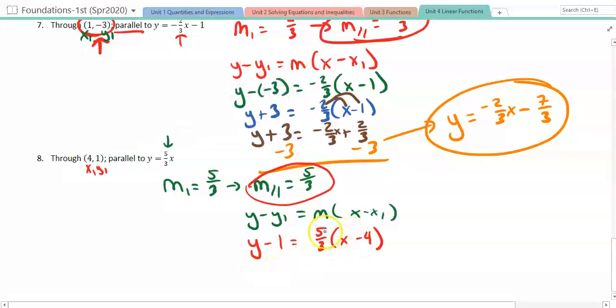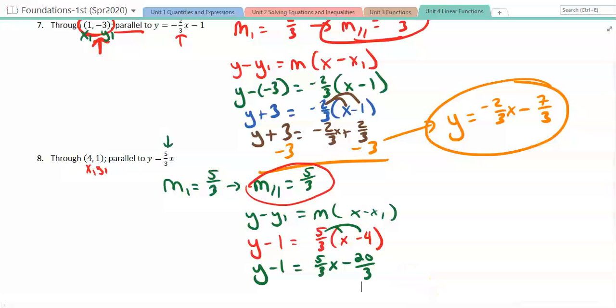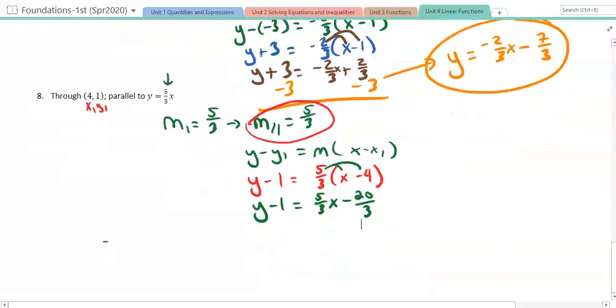And so distributing this, y minus 1 is equal to 5/3 x minus 20/3. Not 20/12, because remember, this 4 is over a 1, right? Not over anything that would multiply to that denominator. And so now we're going to add the 1 to both sides.